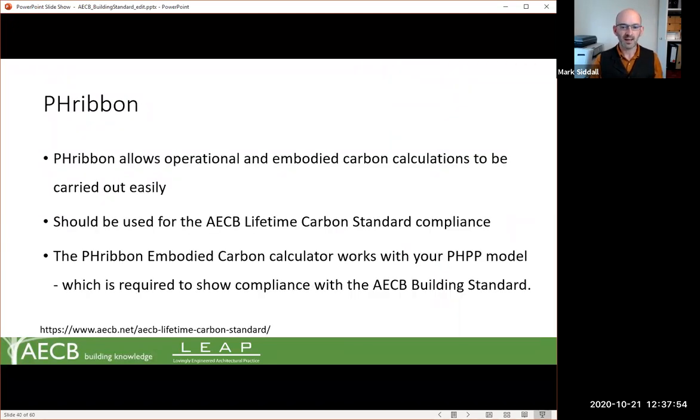PHPP, as I say, is the tool that's used for this assessment. So you'll be using PHPP to develop the energy model for the building standard. The ribbon can then be used to support that calculation process to deliver the daylight and lifetime carbon assessments.